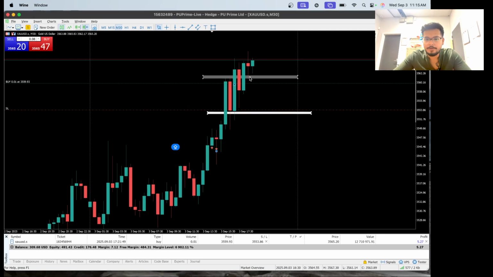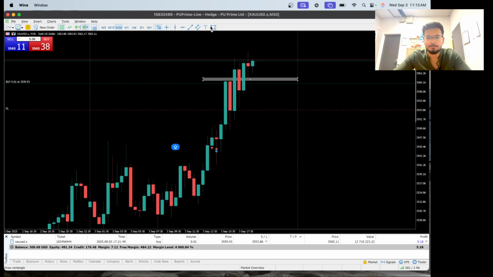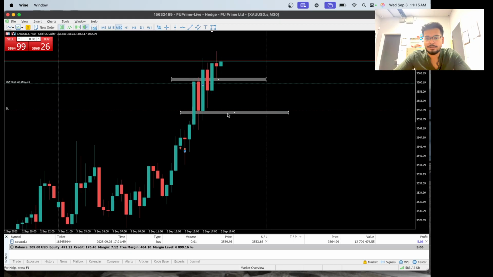Okay, now I can see this dot. That's what I was aiming to do. Okay, let's get rid of this and then make a new one. As you can see, this will be my support here. Why can't I move this? Oh yeah, I can move this now.